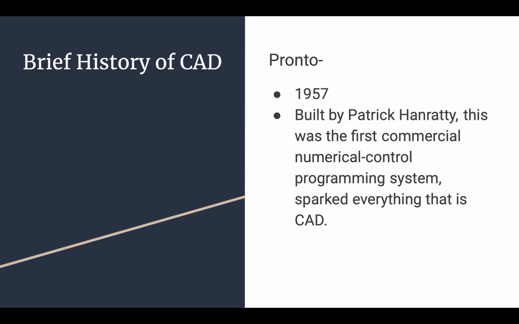It was built by a guy named Patrick Hanratty, and it was the first commercial numerical control programming system, which would later in turn spark everything that we know as CAD today. All right, don't forget that. That was 1957. So over 60 years ago, 63 years now, since CAD drawings were first invented.